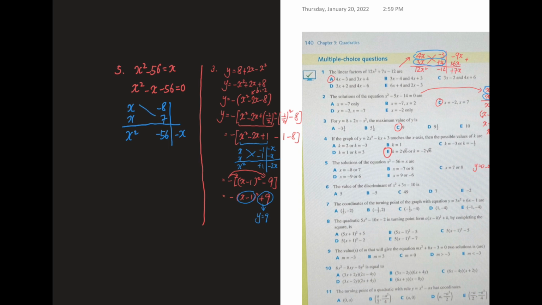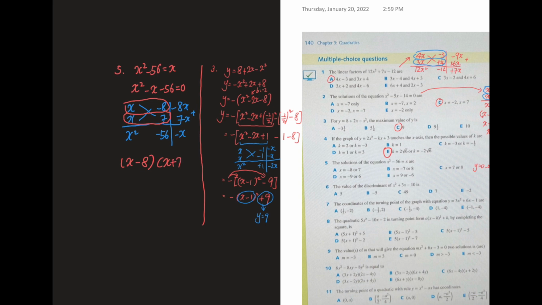Negative 8 times 7, I get negative 56. When I cross multiply, I get minus 8x, 7x. When I add them up, I get negative x. Okay, so that means factorization worked well over here. Then I take this as the factor. This is the second factor.